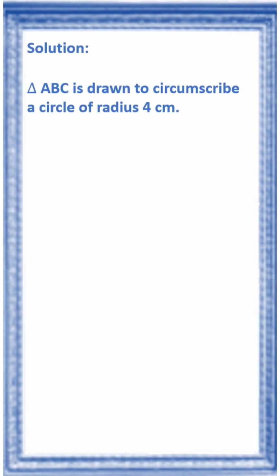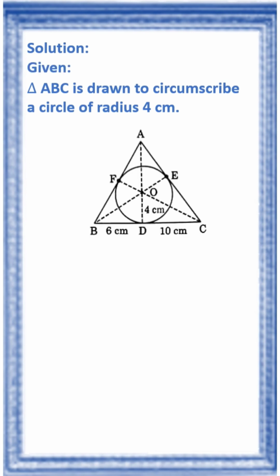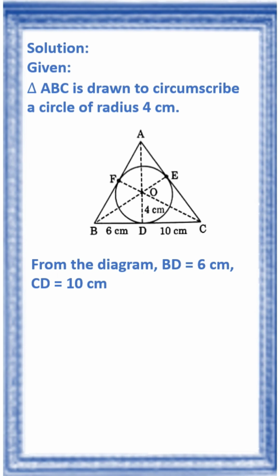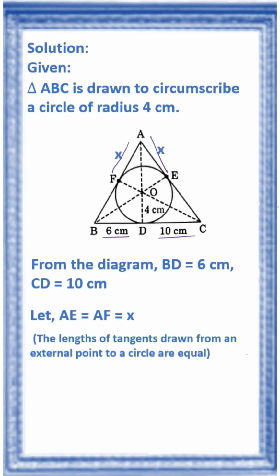Now we are given triangle ABC circumscribing a circle of radius 4 cm. From the diagram, we know that BD is equal to 6 cm, CD is 10 cm. Let AE is equal to AF, that is equal to x centimeter. The lengths of the tangents drawn from an external point to a circle are equal.